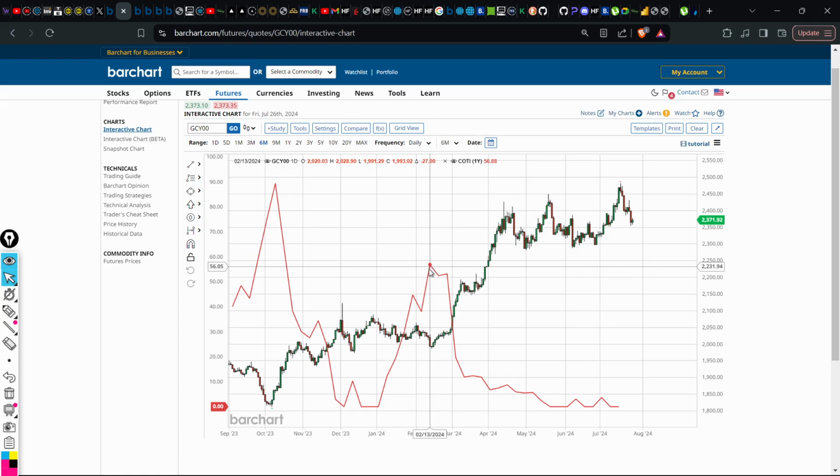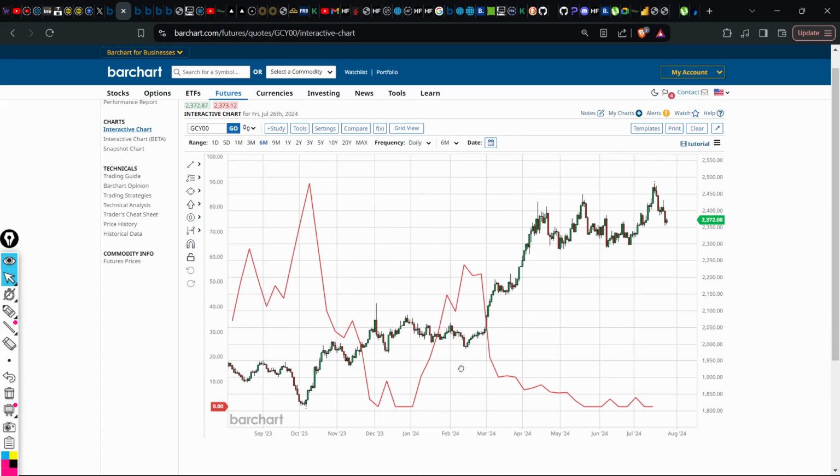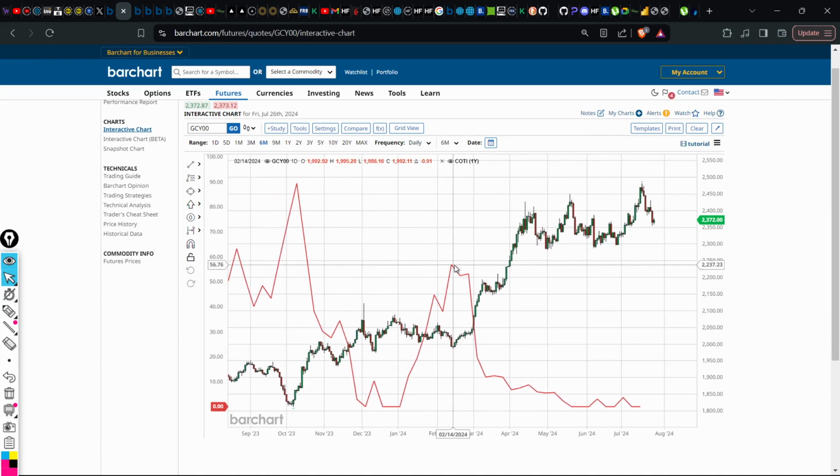All right. And true to that, this is when the market formed a nice bottom, and this is actually the last time gold was under 2000. So it's like these guys saw it coming, because their nets were bullish at this point.